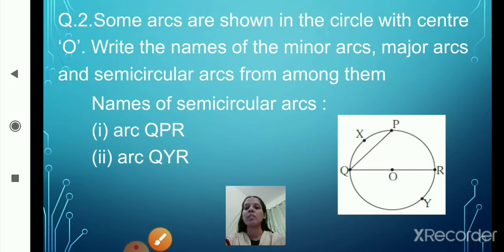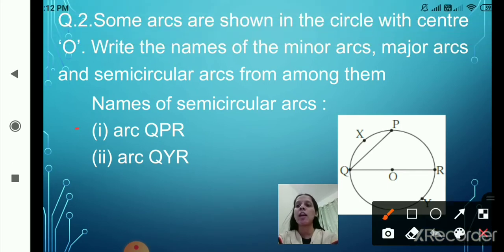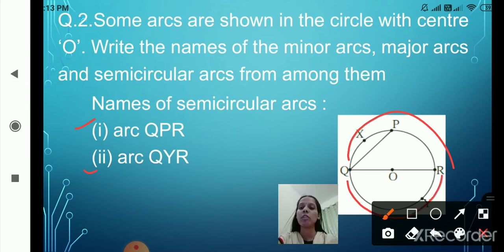As you can see here, the names of semicircular arcs: because of the diameter the circle is divided into two equal parts and we will get the semicircular arcs. So which are the semicircular arcs here? Arc QPR, this one, and the other one is arc RQYR. These are the two semicircular arcs.